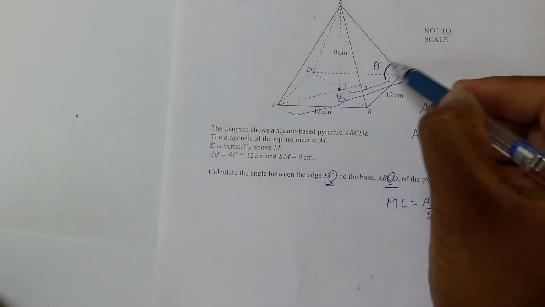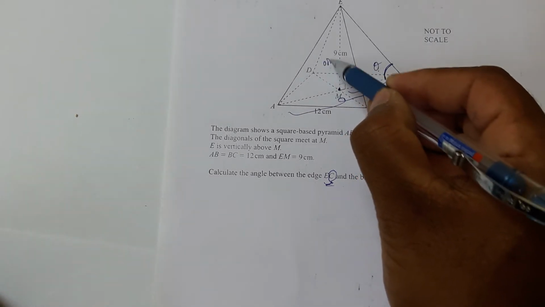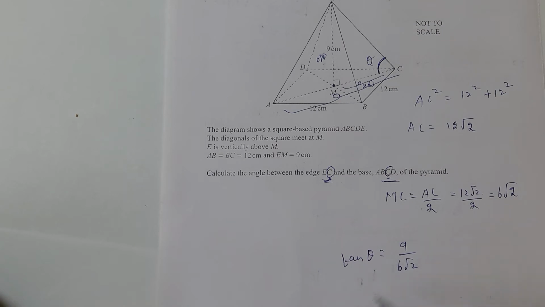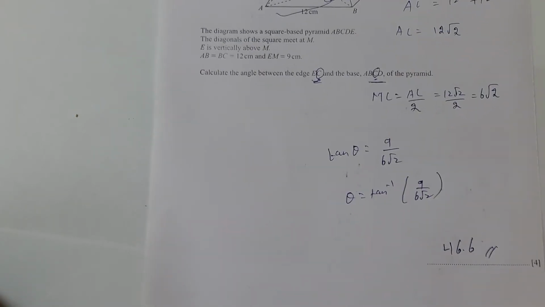So now for this angle, this becomes opposite, this becomes adjacent. So opposite by adjacent is tan theta, 9 by 6 root 2. So theta equals tan inverse 9 by 6 root 2, which will give you 46.6. Okay.